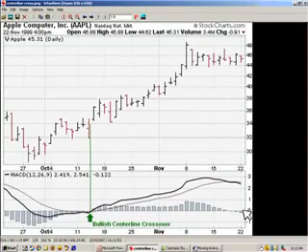Let's not forget that the MACD, as it crosses the zero line, is representative of the 12 EMA crossing the 26 EMA to the upside, though they're no longer plotted here on the chart, and the opposite would be true on the top side.